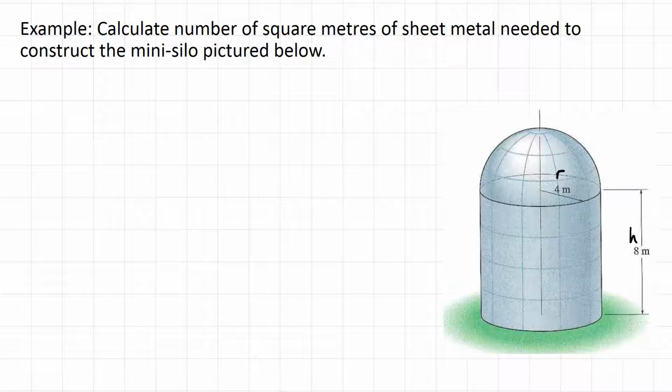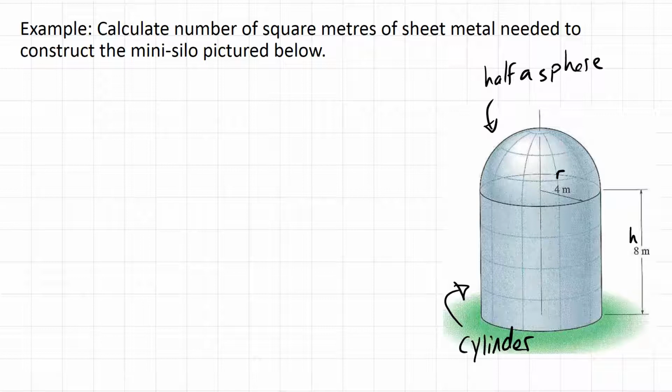So what are the shapes that are making up the silo? Well, it looks like we have half a sphere on the top, and then we also have a cylindrical base on the bottom.